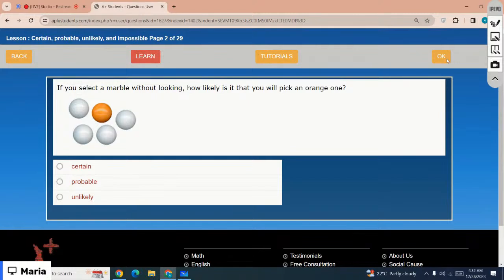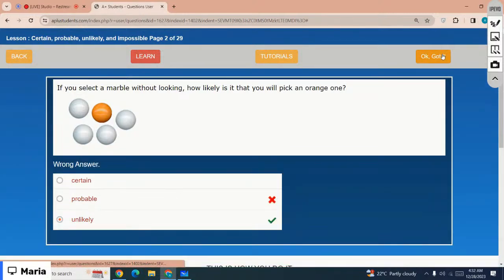You have only one orange marble, right? The rest of them are white. So most of them are white, that's why it is unlikely that you will select an orange marble. Got it?